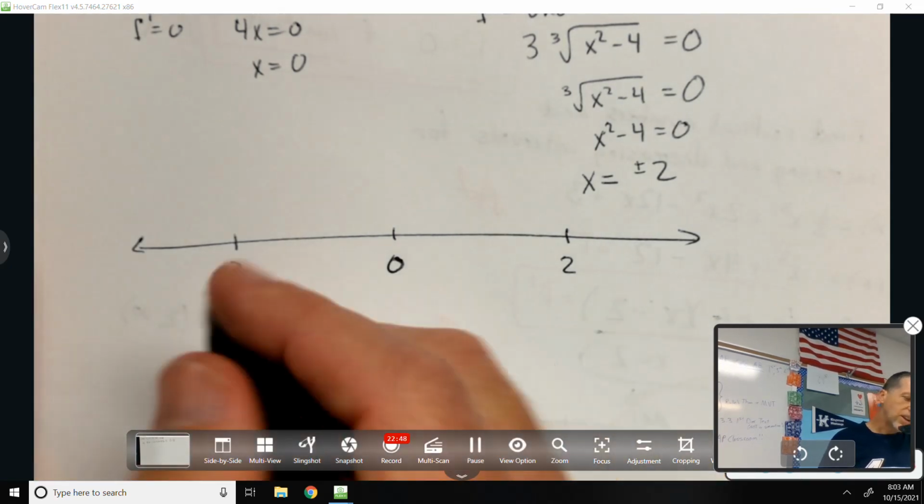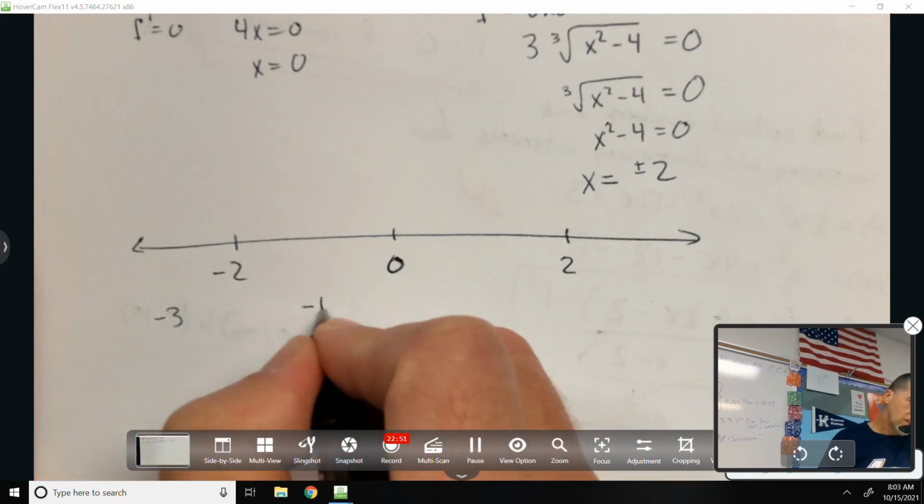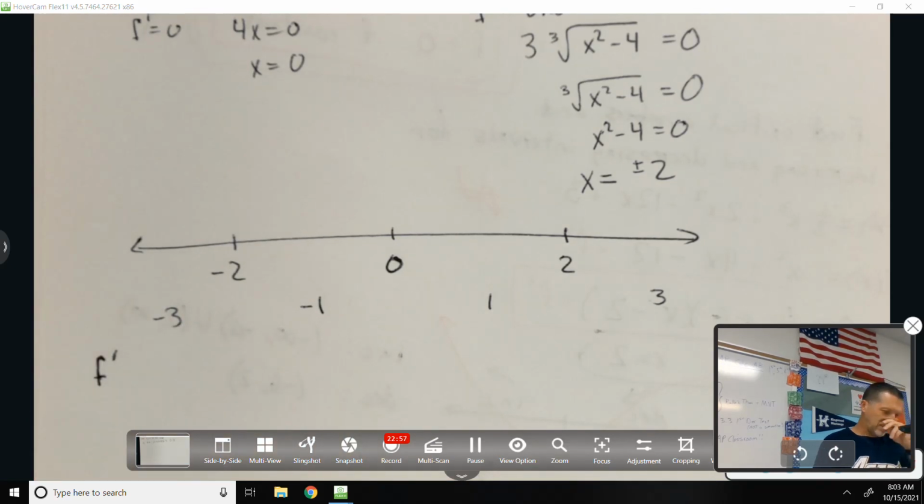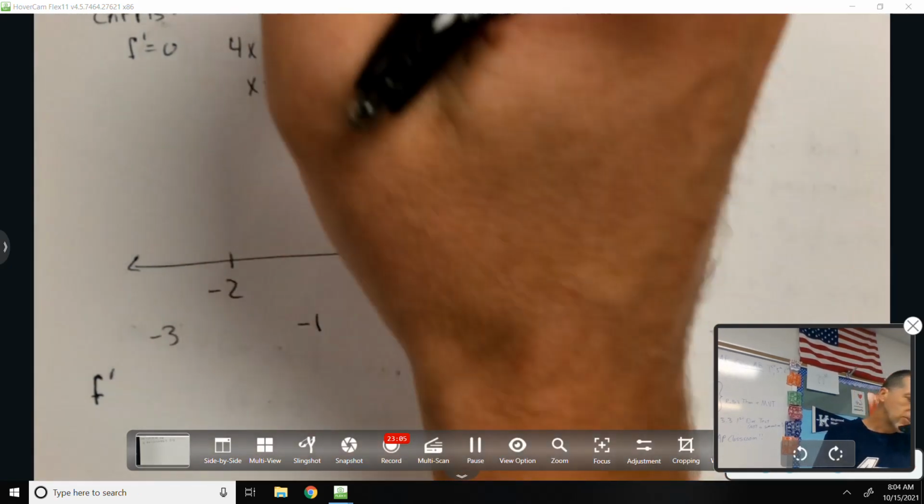So we need to test some points into f prime because that will tell us increasing or decreasing. So back up here, can't even fit it all on the screen at once.